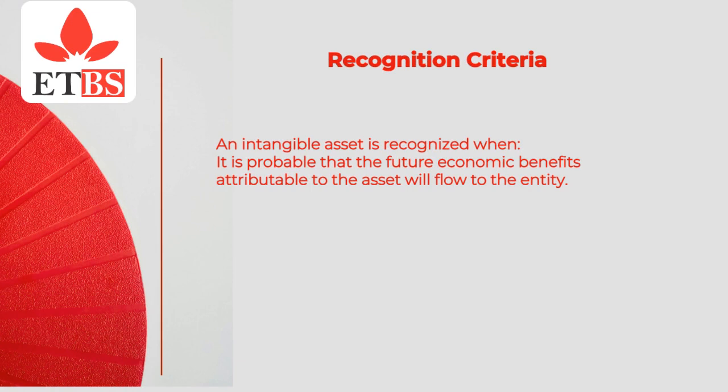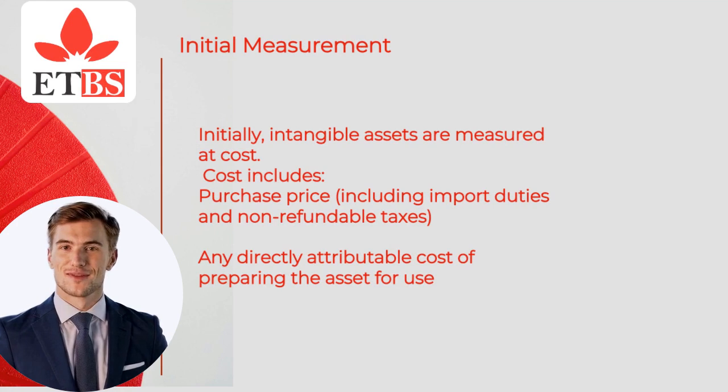Recognition criteria. An intangible asset is recognized when it is probable that the future economic benefits attributable to the asset will flow to the entity, and the cost of the asset can be measured reliably. If these criteria are not met, the expenditure is expensed as incurred. Initial measurement.